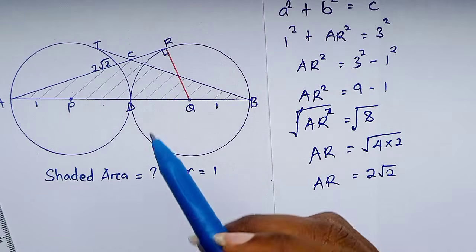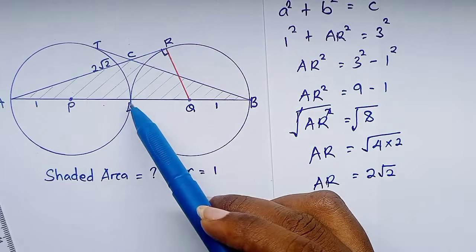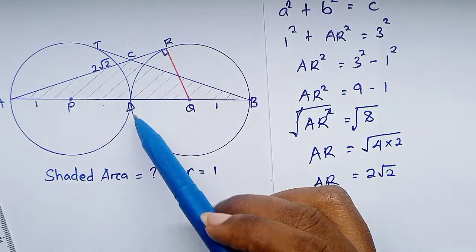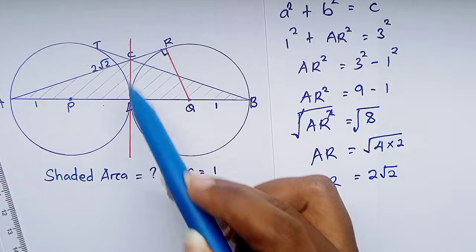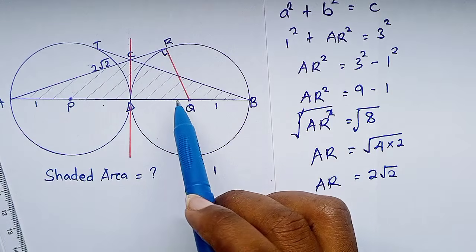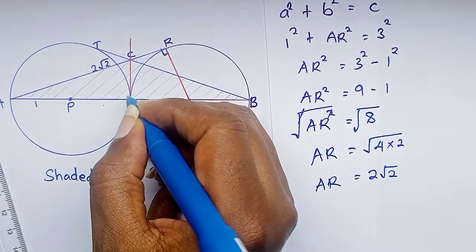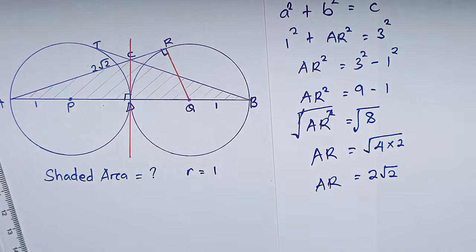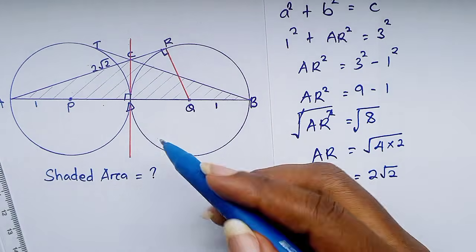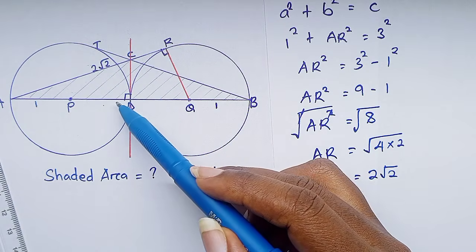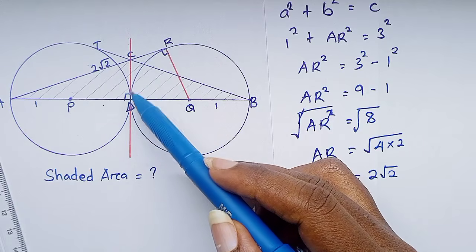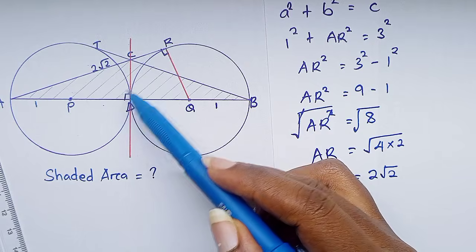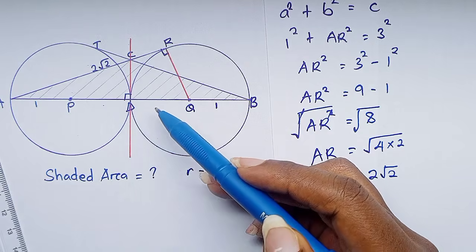Next step, let us draw a vertical line through these two circles. Okay, just like this. As you can see, this line is perpendicular to the diameter of the circle. So this here is 90 degrees because it's a tangent, and we know that the angle between the radius and the tangent is 90 degrees.